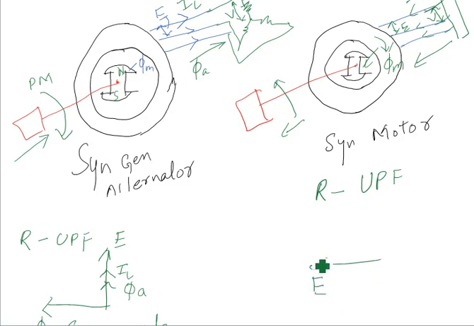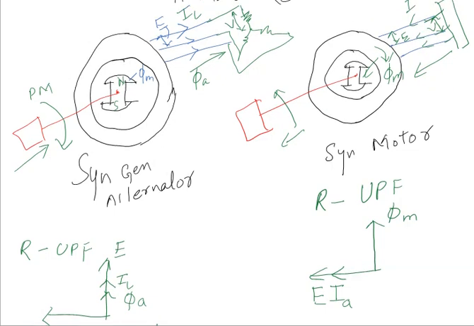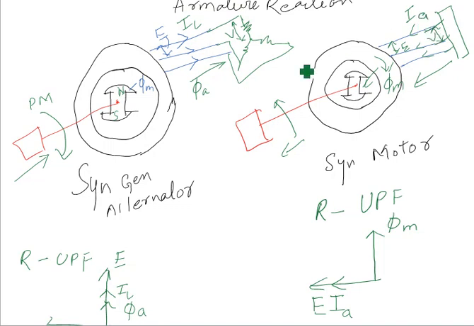And then we have phi M. This E develops phi M, so phi M is always 90 degrees from it. The main cause of main flux development is E. And as we have unity power factor, the load current will be in phase with E. Here the name changes, this will be armature current, IA.